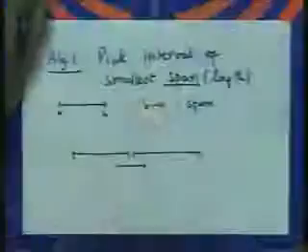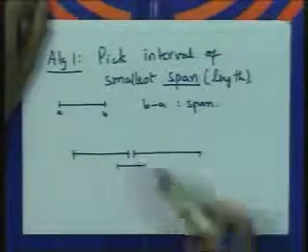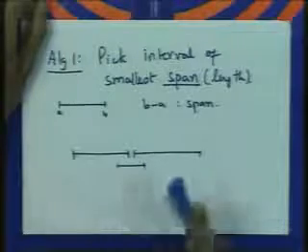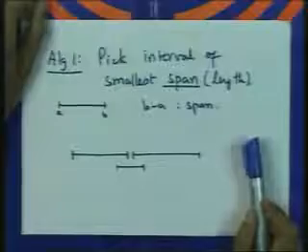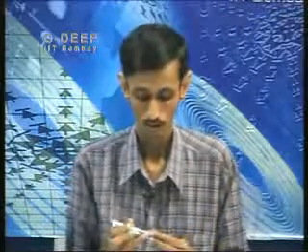If you look at this example, even though this interval is small, it overlaps 2 of them, while these big ones, even though they are big, they overlap only 1. So maybe the right thing to do is to pick an interval that overlaps with the smallest number of intervals.